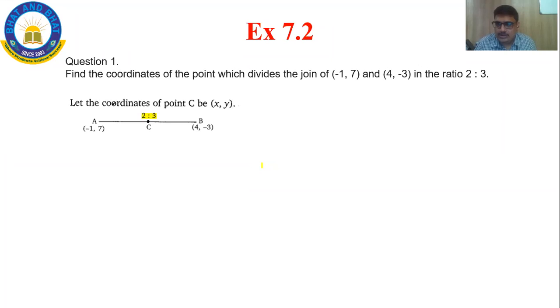Similarly, m1y2 plus m2y1 divided by m1 plus m2. So the x coordinate of C will be equal to (mx2 + nx1)/(m + n), or the way I gave yesterday, (m1x2 + m2x1)/(m1 + m2), whatever it is. So m is 2, n is 3, or in the other representation, m1 is 2, m2 is 3.